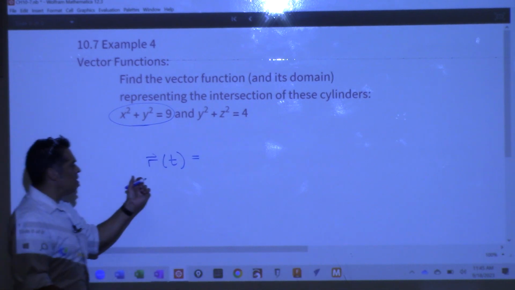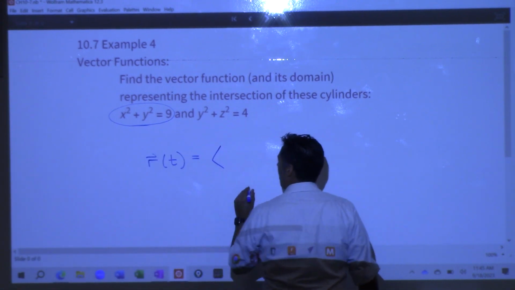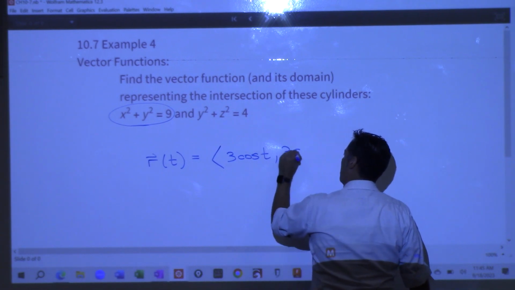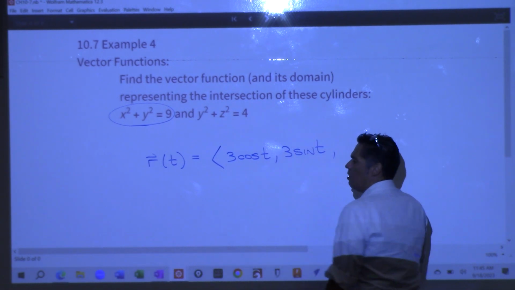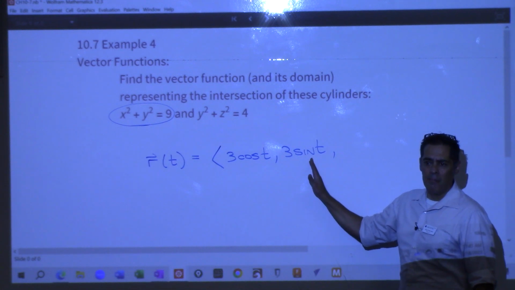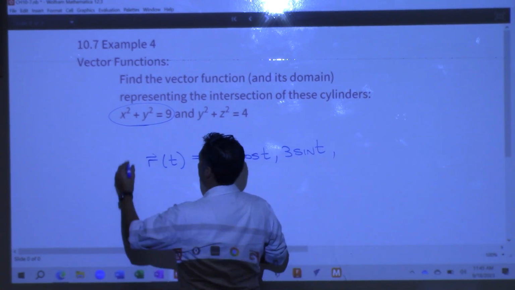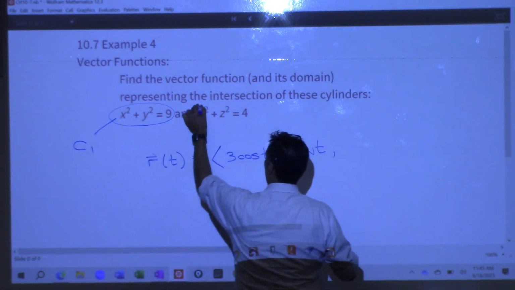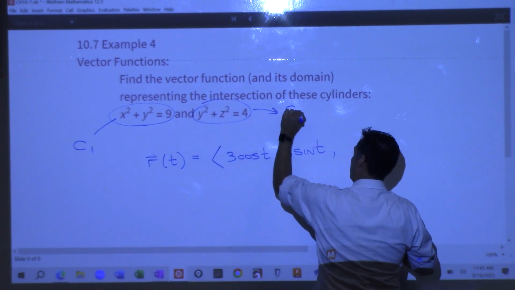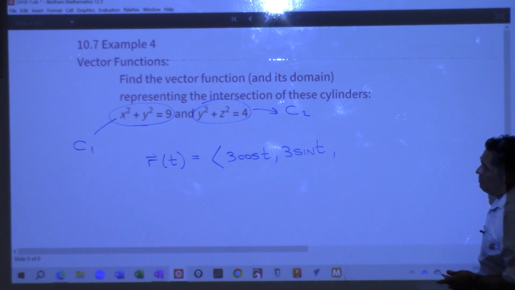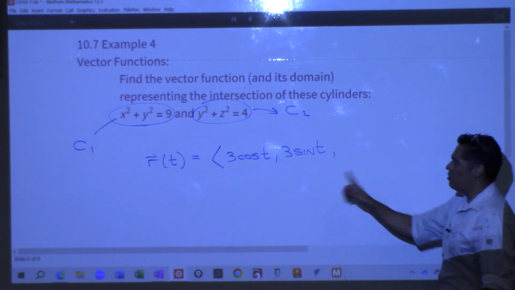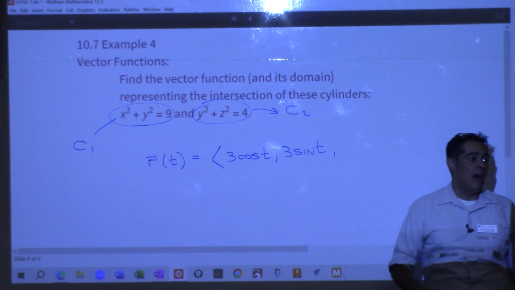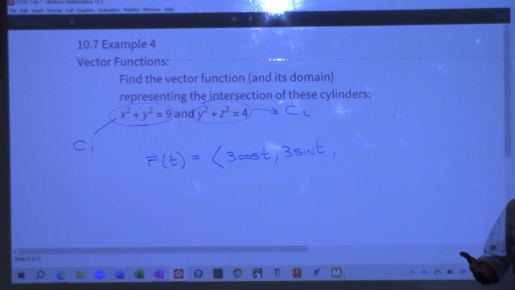So to draw a circle in the xy plane of radius 3, I use 3 cosine t, 3 sine t. Do you all agree that this so far puts me on that first cylinder? I'm just going to call this cylinder 1. Let's call this one cylinder 2. Do you agree that so far, for any value of t that I plug in here, I'm at least going to be on the first cylinder? Yes?